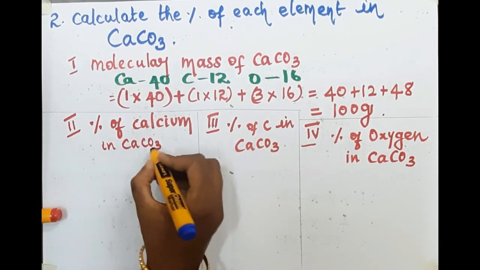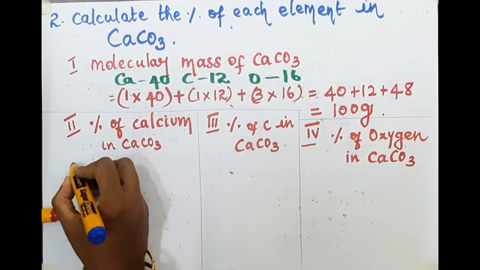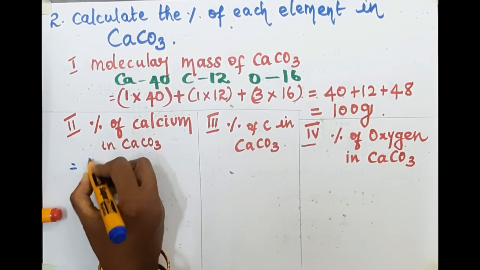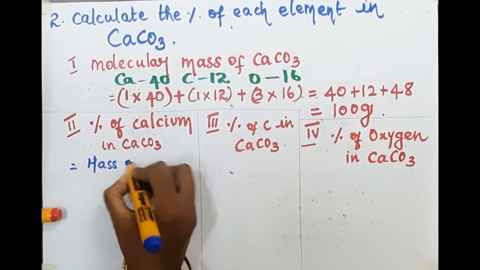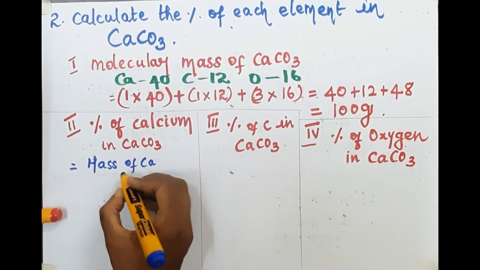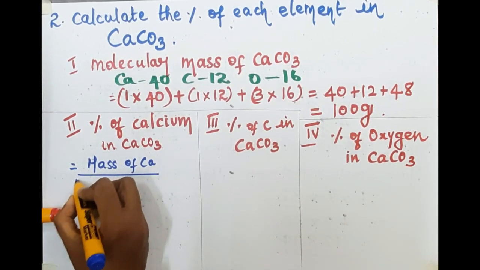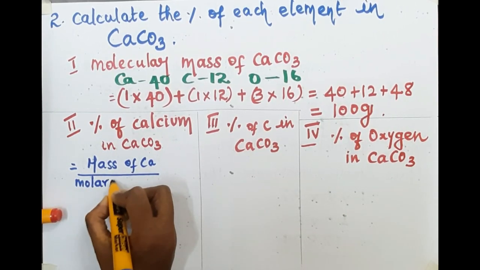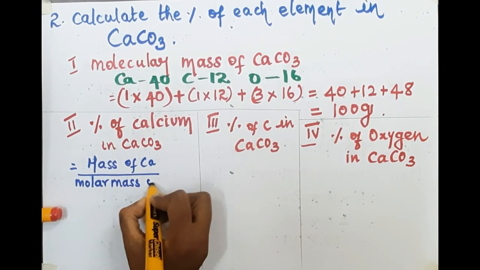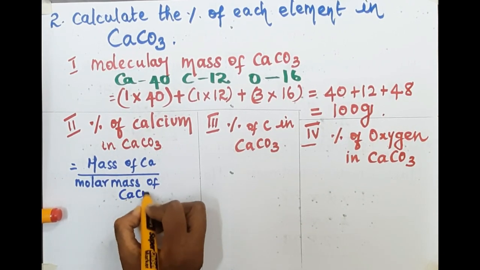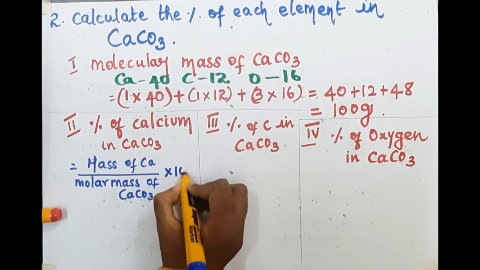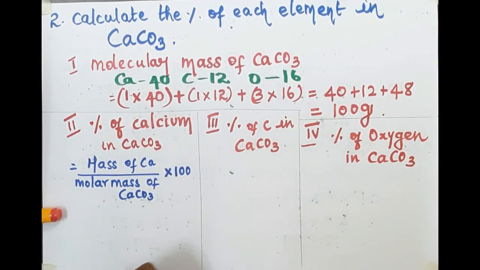The percentage of calcium in calcium carbonate is mass of calcium divided by molar mass of CaCO3 into 100. Is it right?